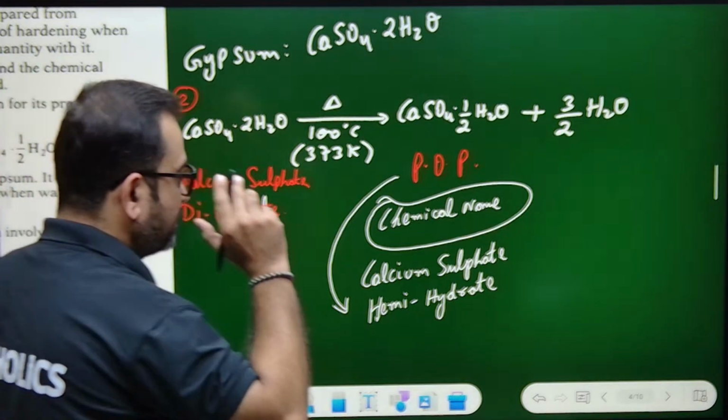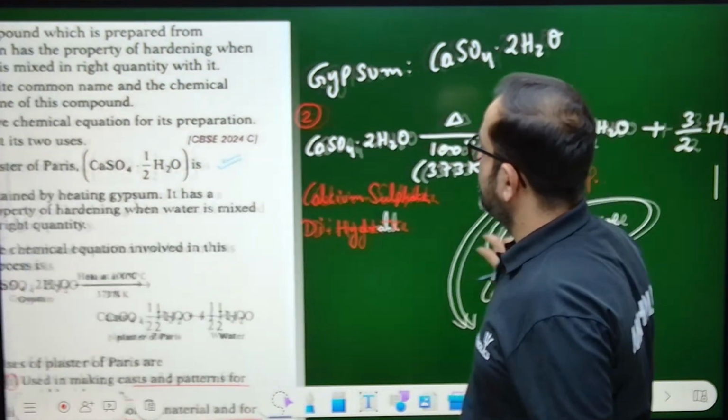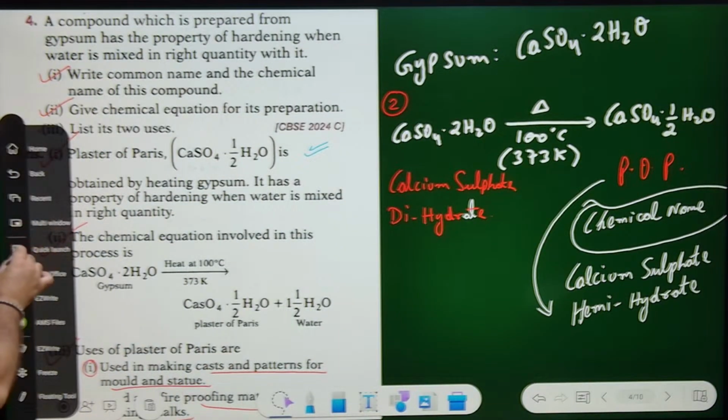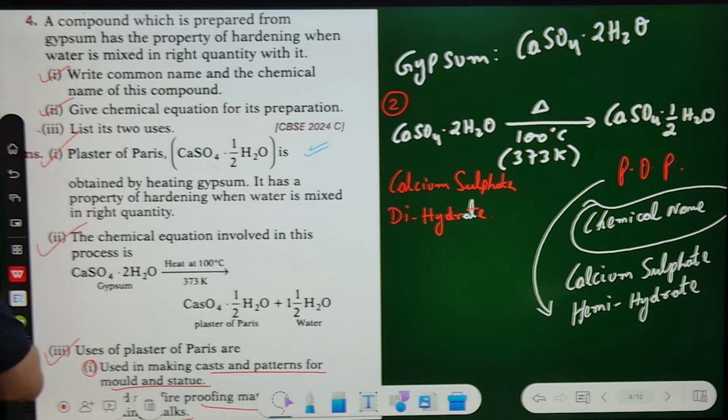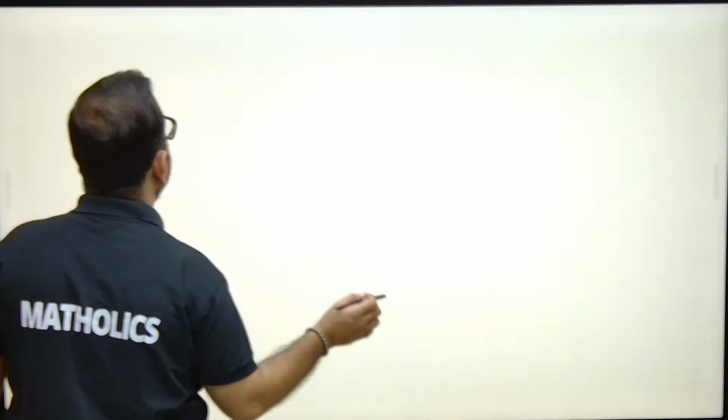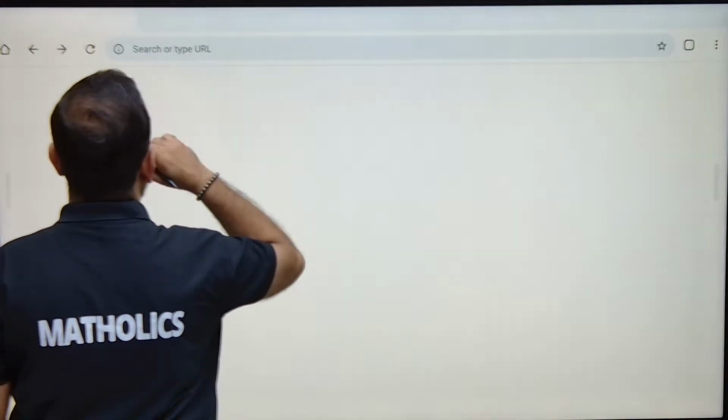So we must do question number 34 first, okay? Okay, let's go for question number 34. Let's get the question first, now. Here's the question.